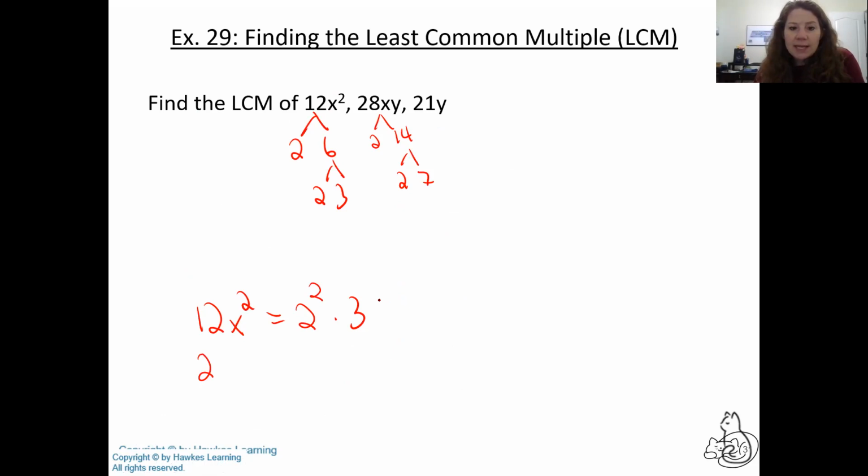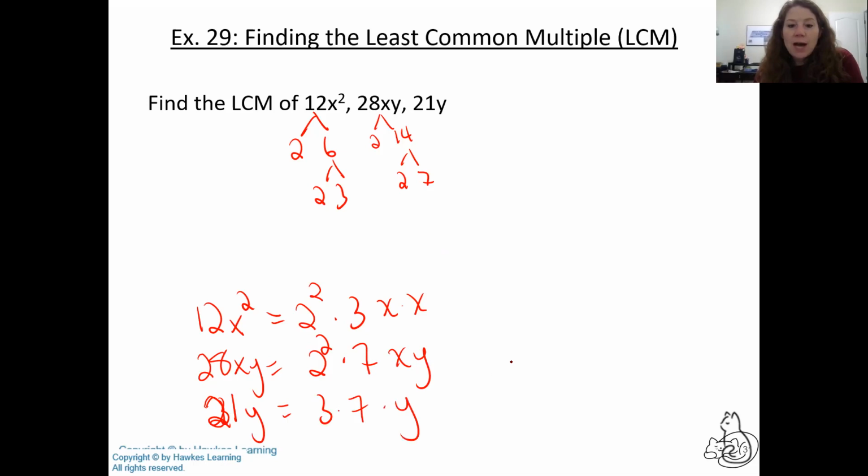So, oh, I forgot my x's up here. All right, so 28xy is 2 squared times 7 times x times y, and then 21y only has 2 factors, which is 3 and 7 times y. So my largest group of 2's is 2 2's, 2 squared. That represents all 2's.